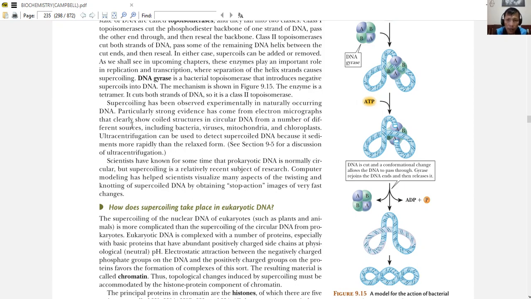Okay, see, the DNA is cut and there is a conformational change. Again, that word conformation comes from organic chemistry. It means that if you have a different formation from a stable point of view of the DNA, we call it conformation.